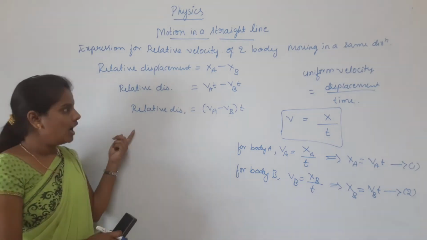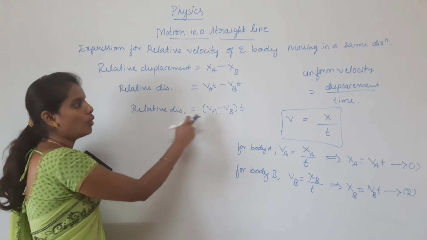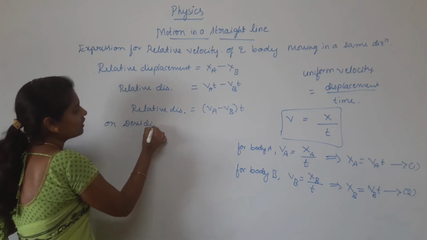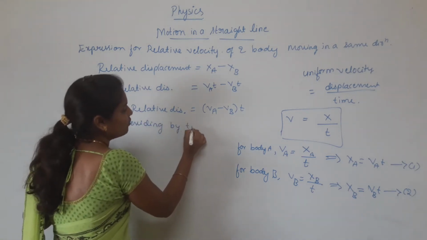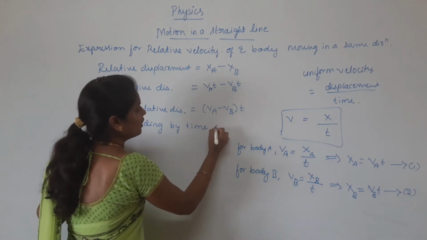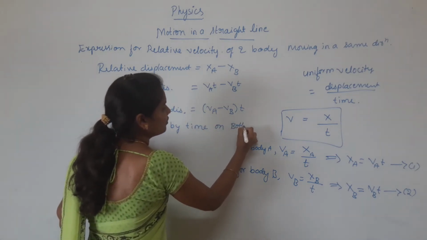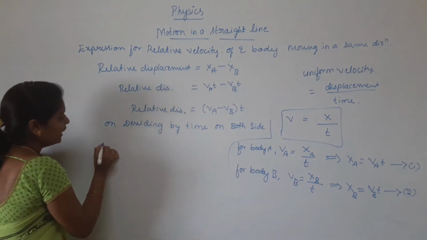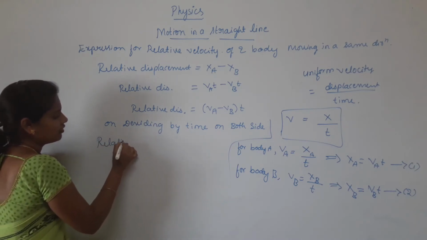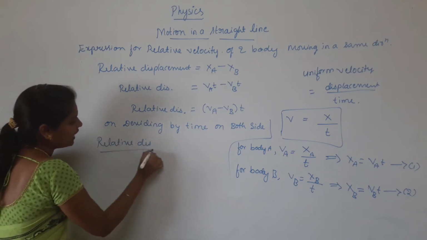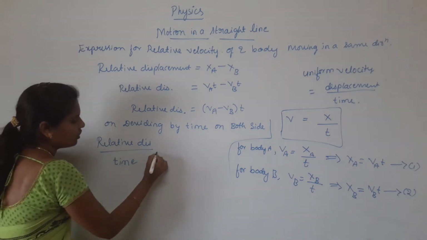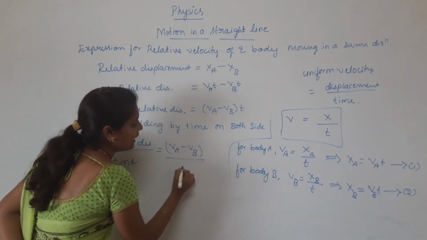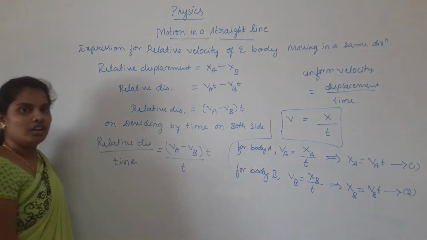So, dividing by time on both sides, we get relative displacement divided by time is equal to (va minus vb) times t divided by t.